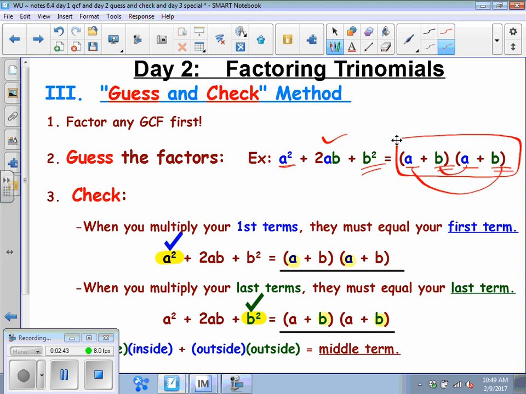Now you definitely want to use pencil. You don't want to use pen, because you're going to be guessing these factors, and if they're not right, you're going to erase, maybe switch the factors around, check it, then it might be right. Sometimes the number's right, but the sign is wrong, so you may have to switch those signs. Okay?